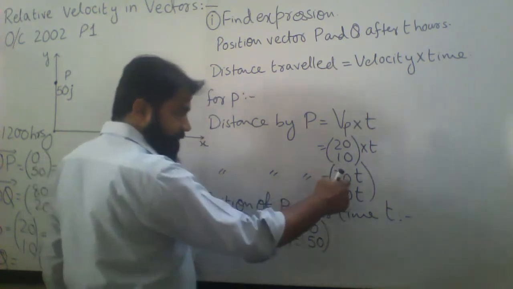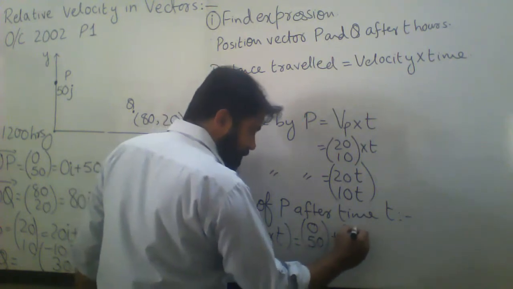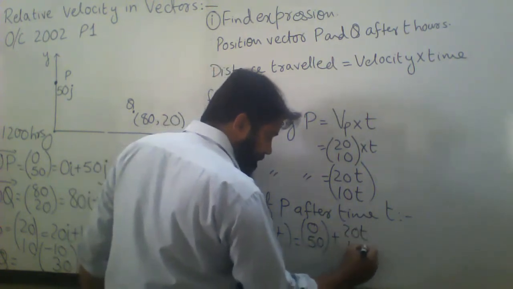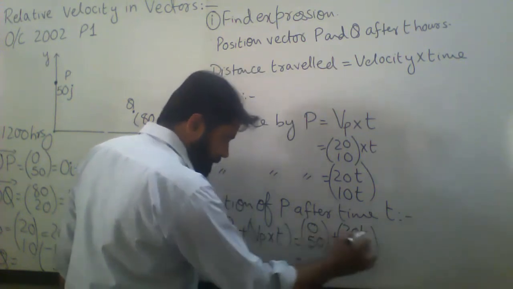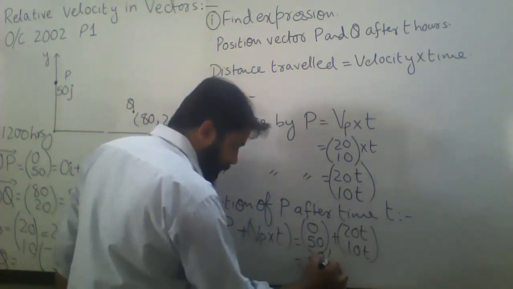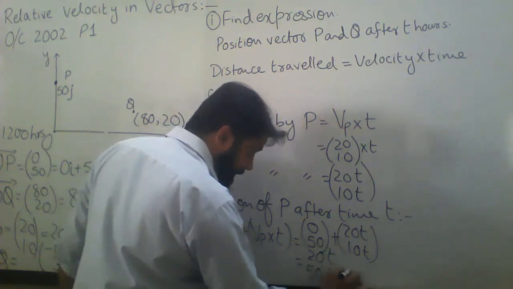Vp into T is (20T, 10T). So when I simplify it, this will become (20T, 50 plus 10T).